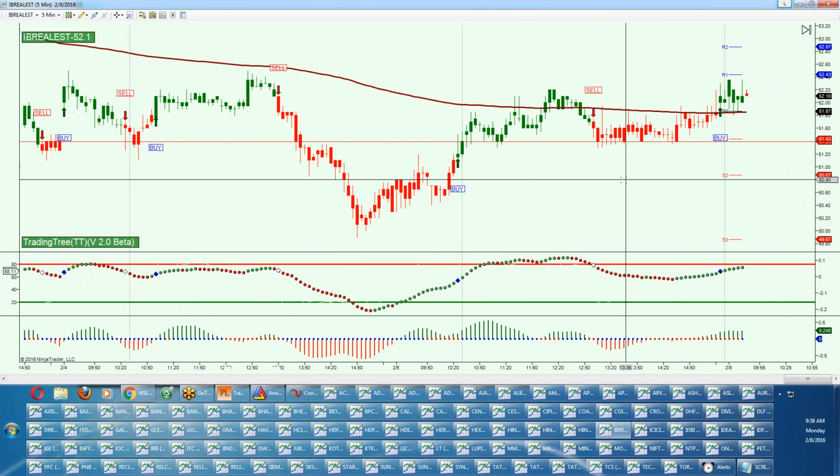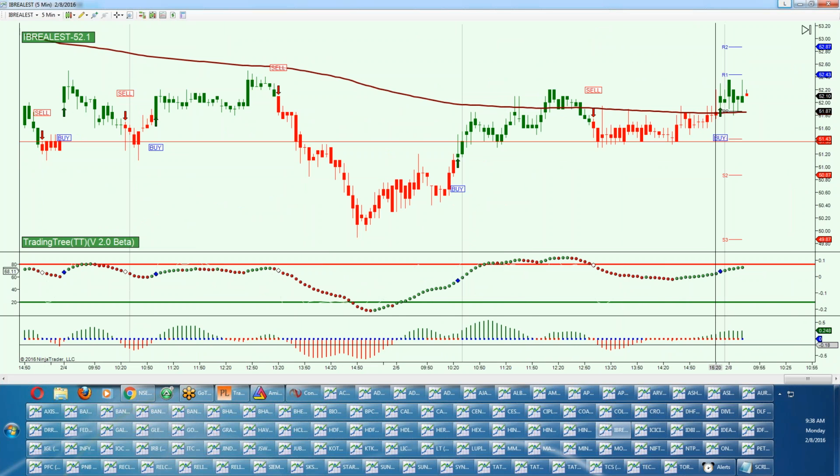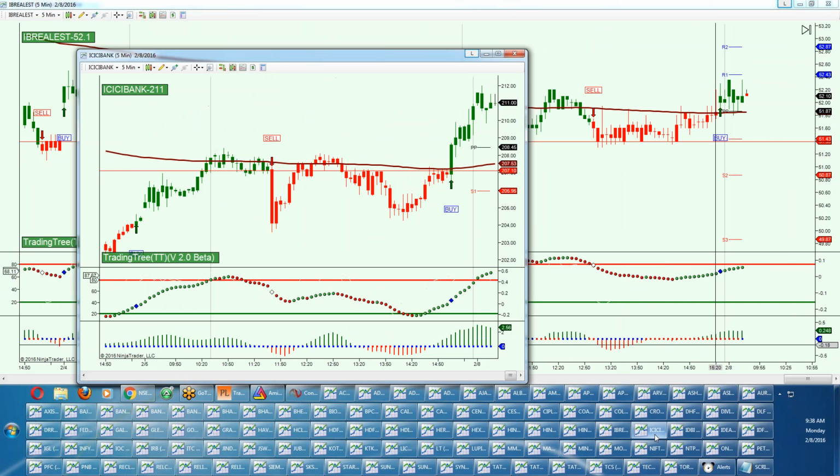IB Real Estate, we can buy it above this R1 level, that is 5250. Reliance is a buy.